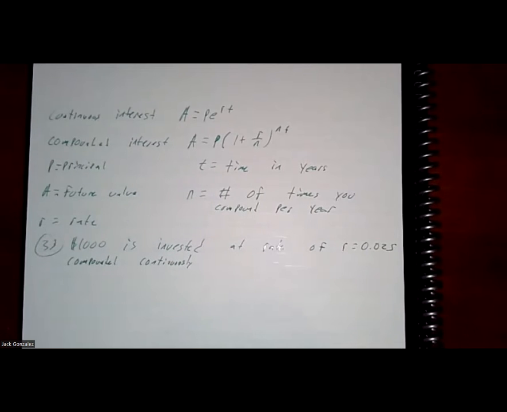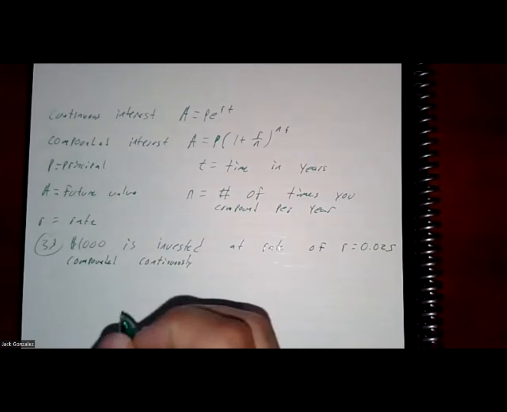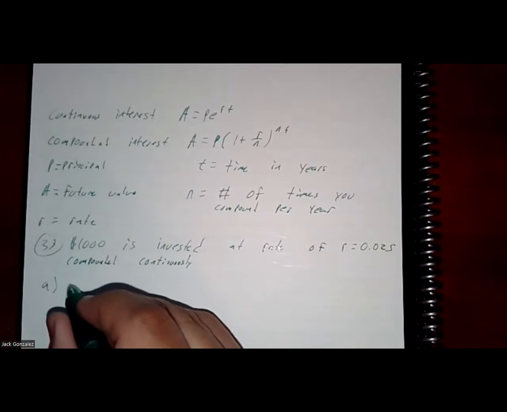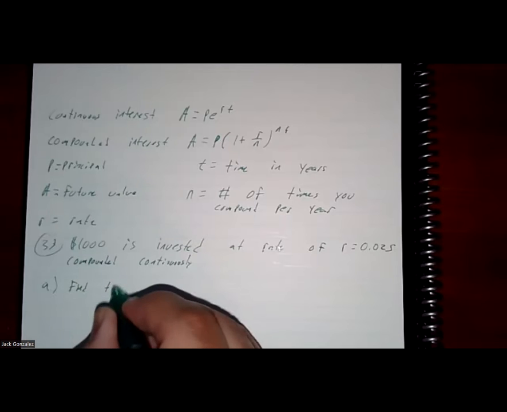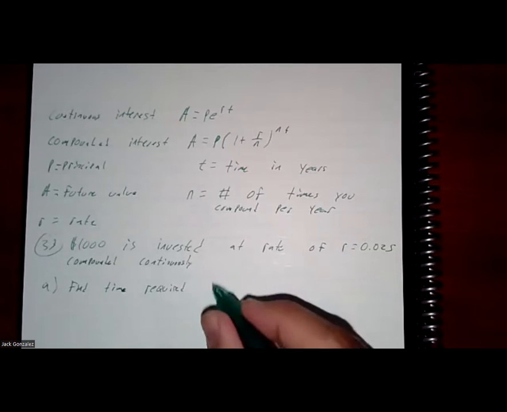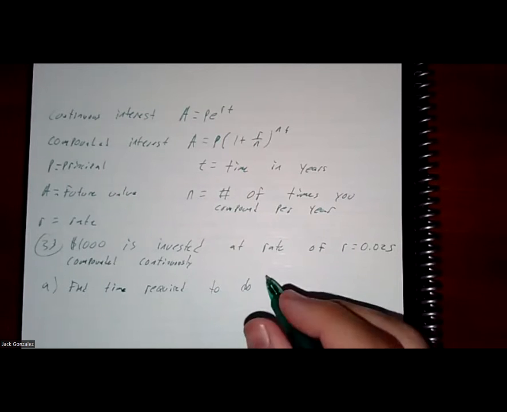As soon as you see the word continuous, that means we should use the top formula. They told us that, and then on part A they ask us to find the time required to double your money.